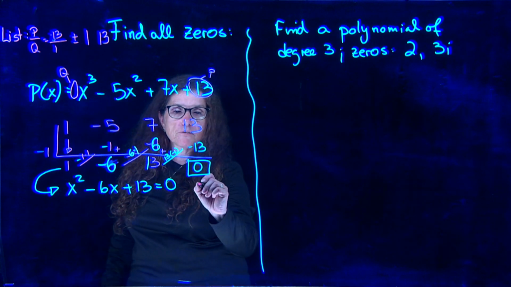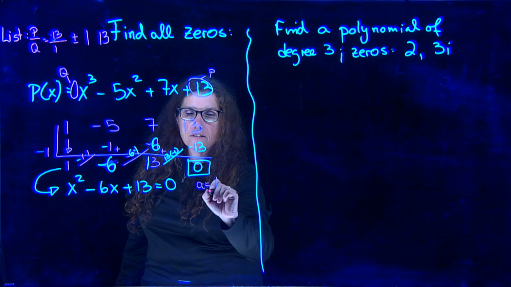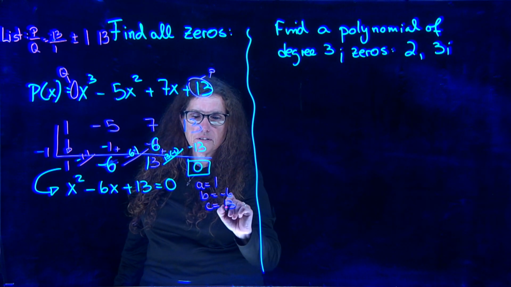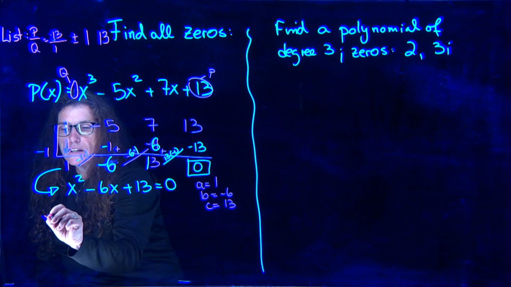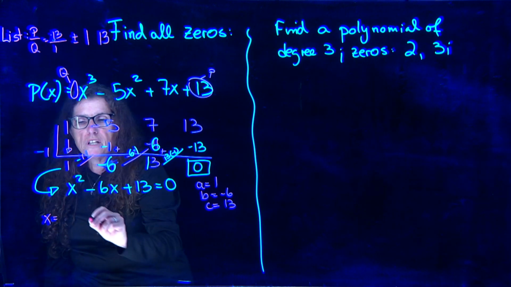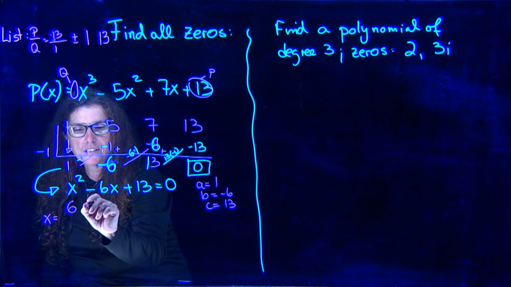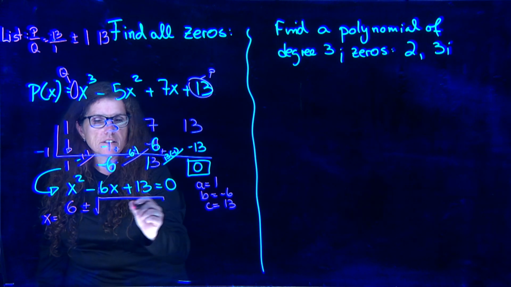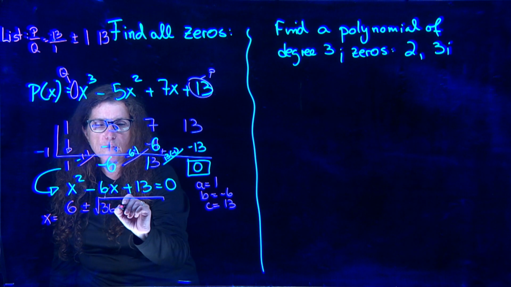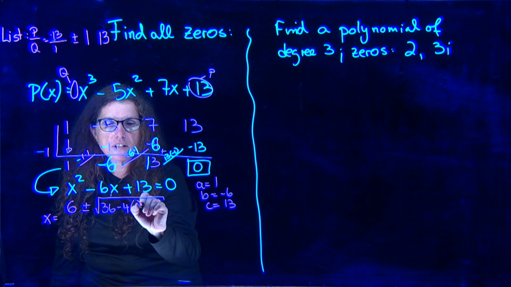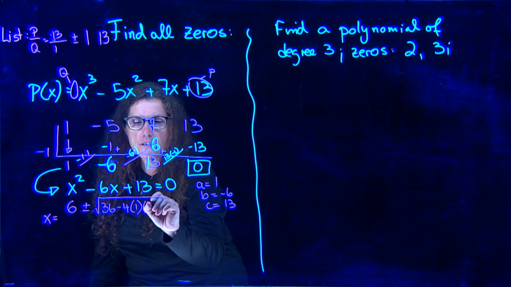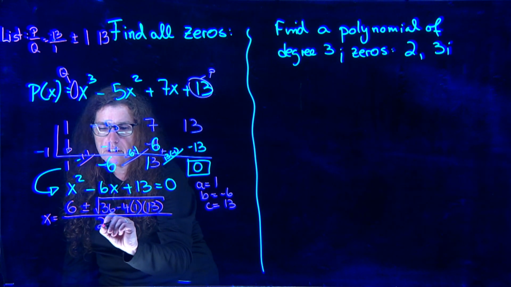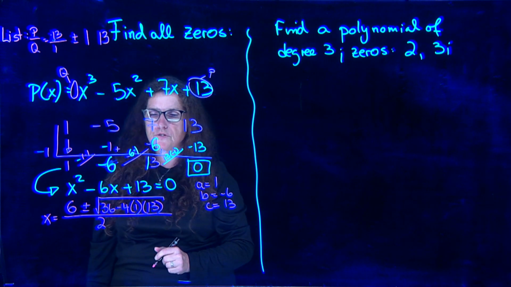Who remembers the quadratic formula? A is 1, B is -6, and C is 13. X equals opposite of B, so that would be a +6 plus minus square root of B squared, which is 36, minus 4 times A, 1, times C, 13, all over 2A, which is 2 times 1, which is 2.